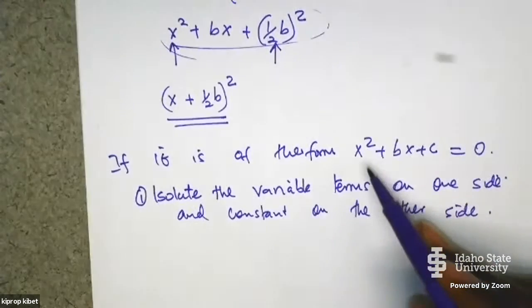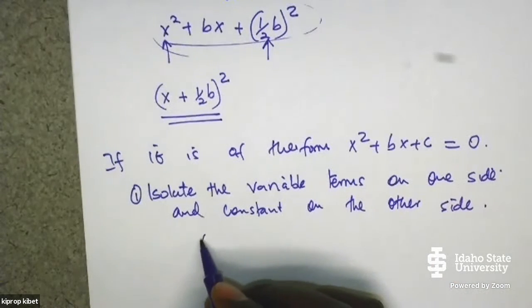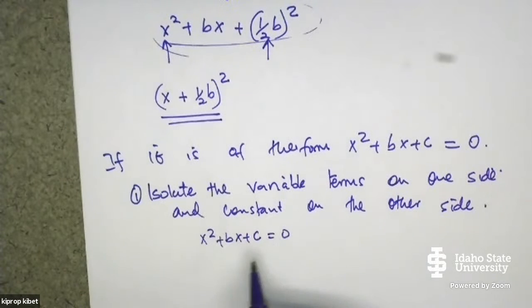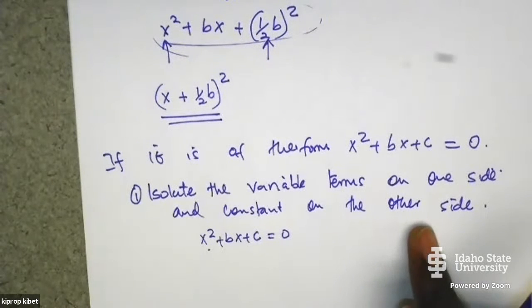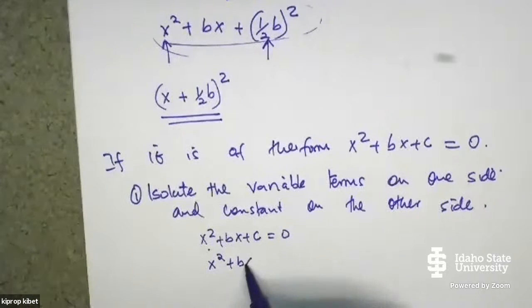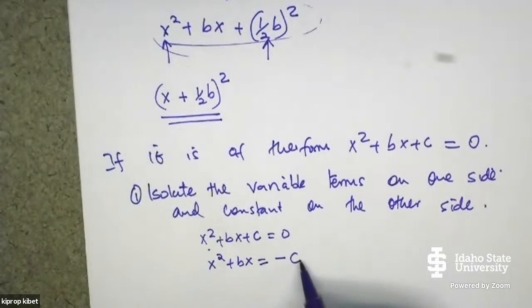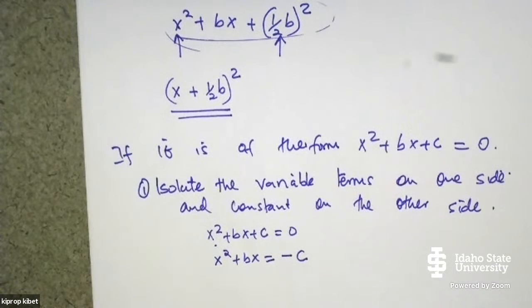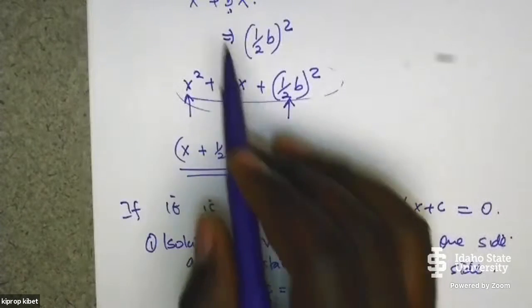In this case, we have x squared plus bx plus c equals 0. So we take the constant to the other side, which is now x squared plus bx equals minus c.